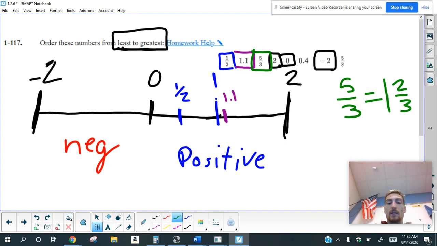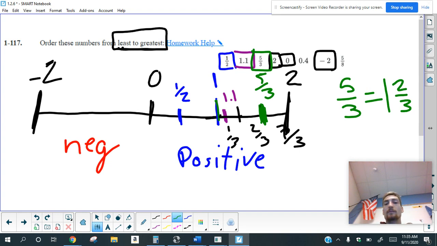So it's greater than 1, between 1 and 2, but 2/3 means closer to 2. Think about dividing 1 to 2 into thirds: 1/3, another third, and this is my final third. My 2/3 would be right here. This would be 5/3, or 1 2/3.